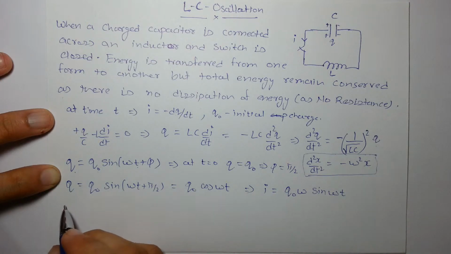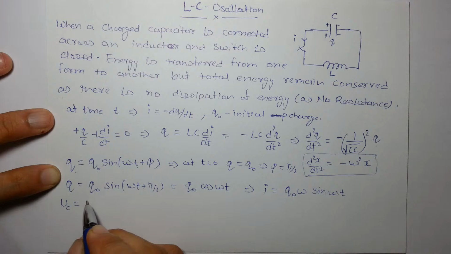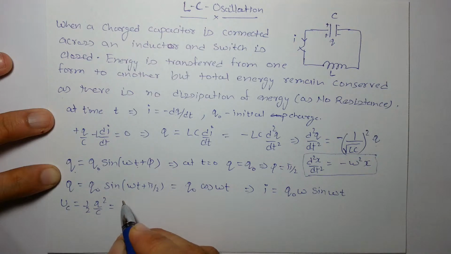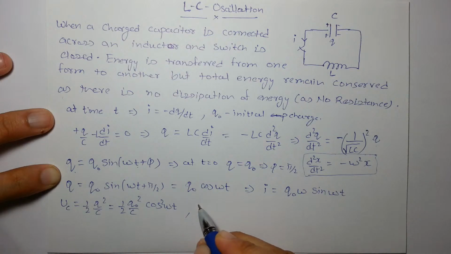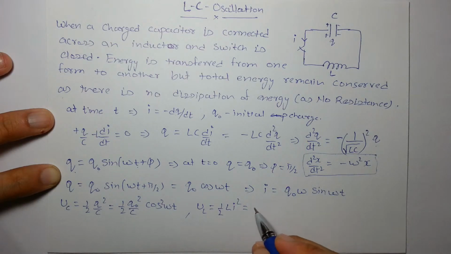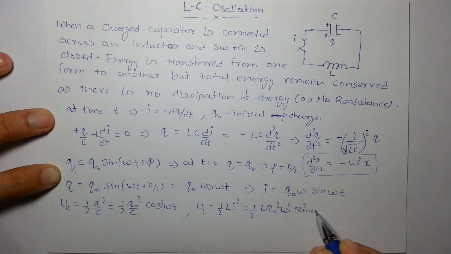Okay, talking about the energy of the capacitor, it is half q square by C. So it will be half q naught square by C into cos square omega t. And the energy of the inductor, which is UL, half L I square, is half L q naught square omega square sine square omega t.